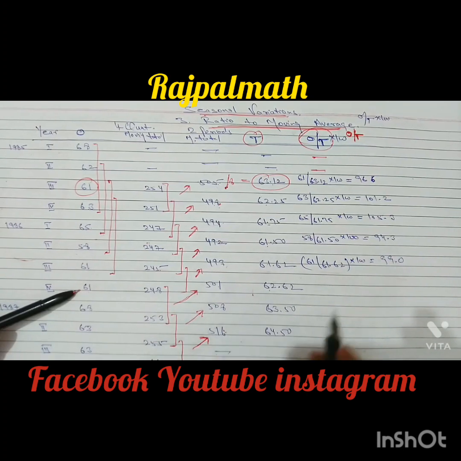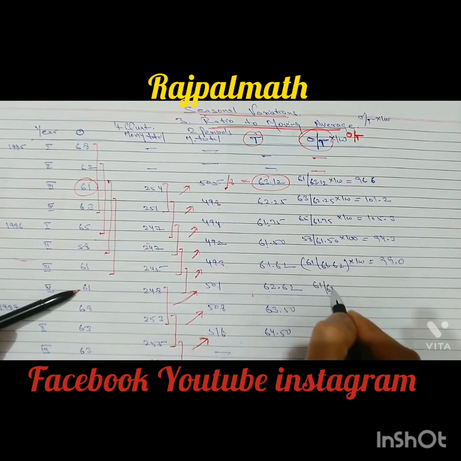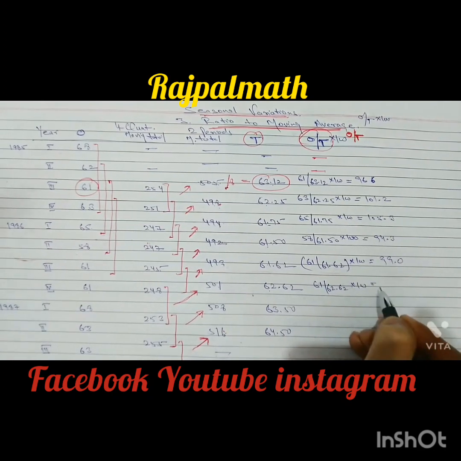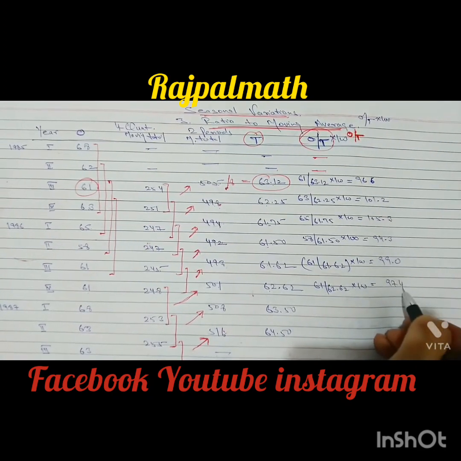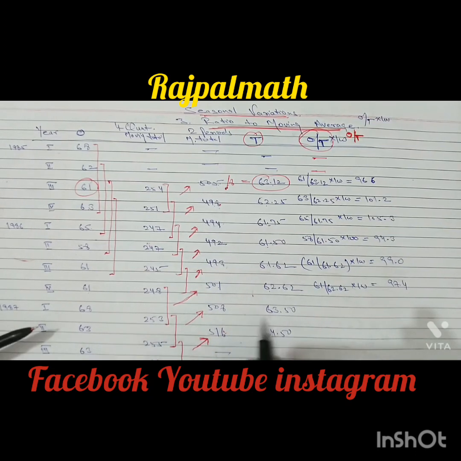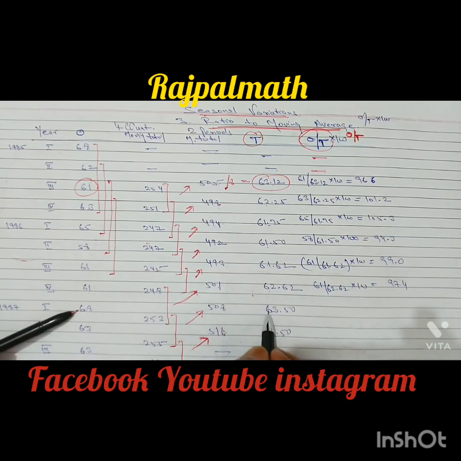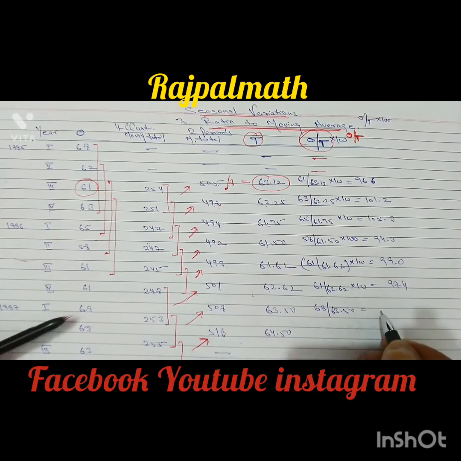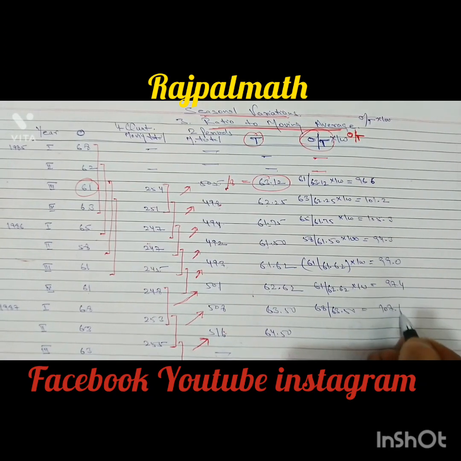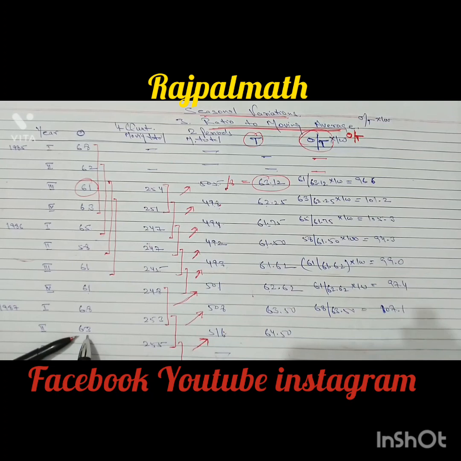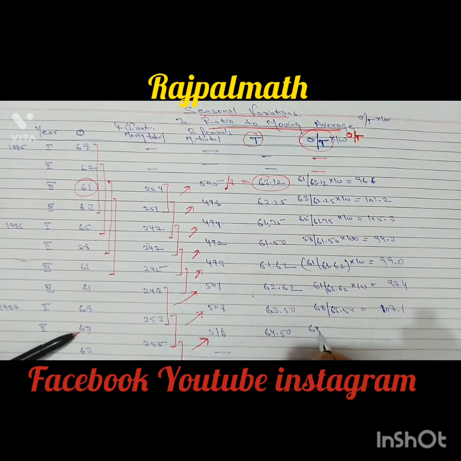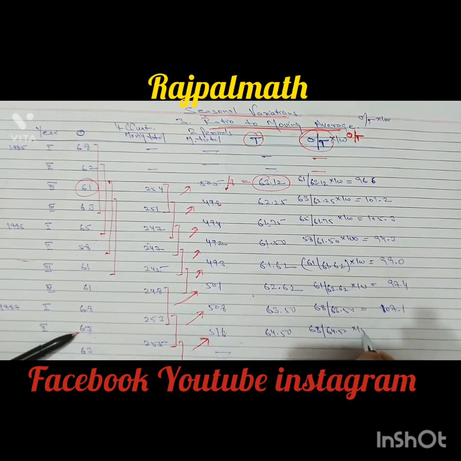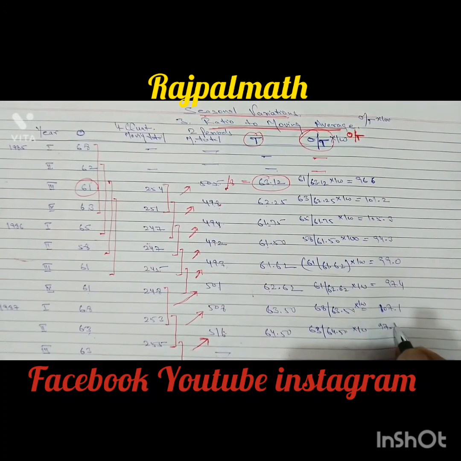Then again 61 divided by 62.62 into 100. We get 97.4. For next, 68 divided by 63.50. We get 107.1. And last, 63 divided by 64.50 into 100. We get 97.7.